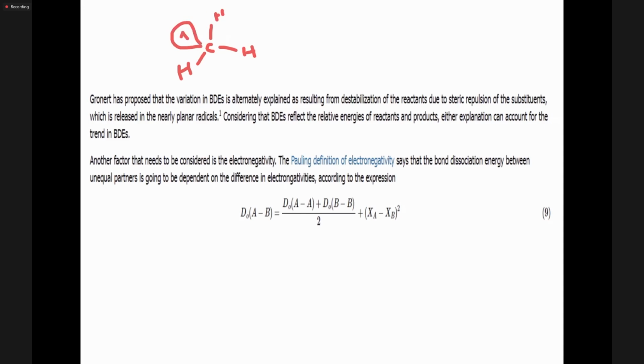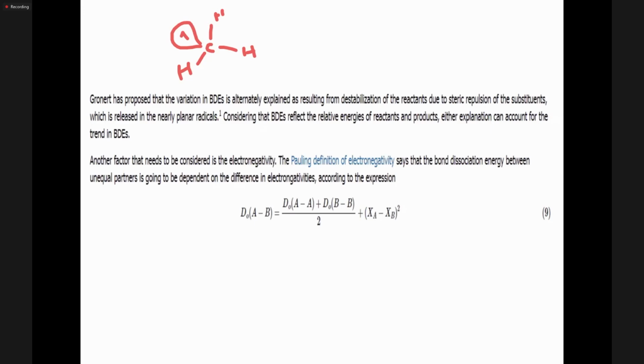Radicals means there is a single electron. So this is the structure of the methyl radical. In this case, the destabilization of reactants is due to the steric repulsion of the substituents. You see in this methyl radical case, the substituents are very small hydrogen atoms, and that's why there is no steric repulsion between the hydrogen atoms.